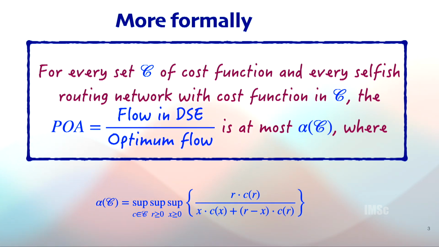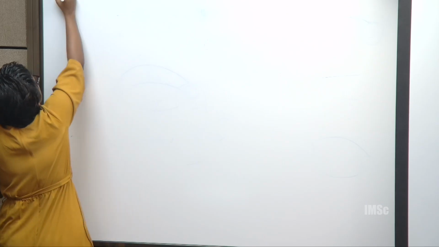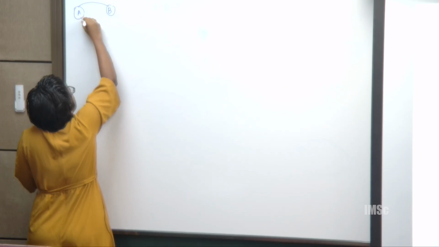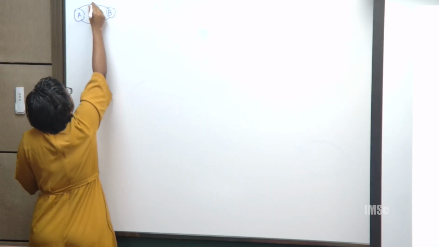You have 2 vertices A and B. I am going to delete this and just leave what is relevant for our case. This is what I mean by Pigou-like network, the simplest possible thing.